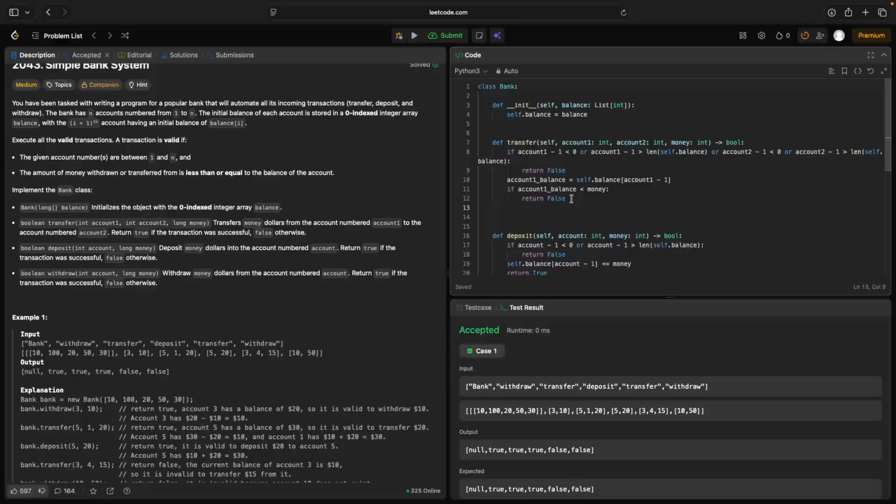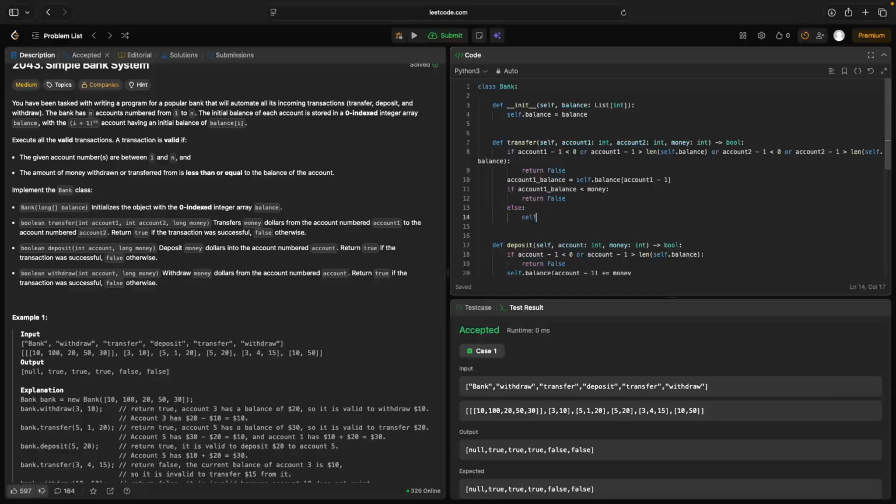However, if the money is less than the account 1 balance, then we know that you can withdraw from it.